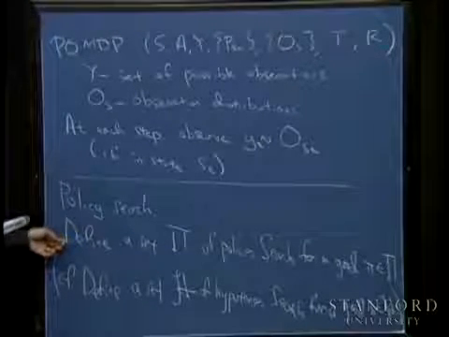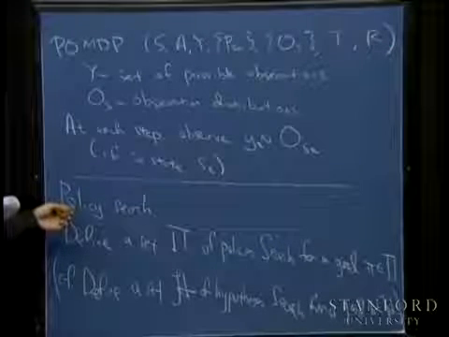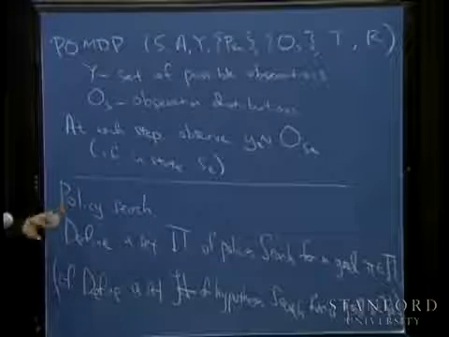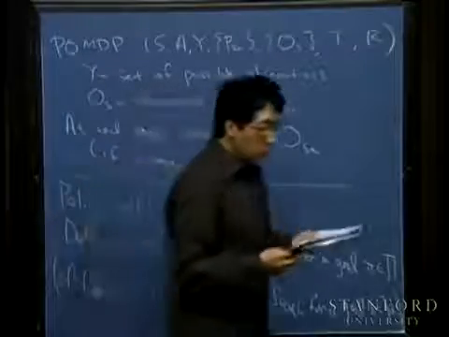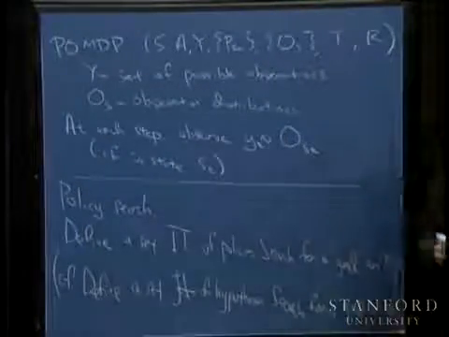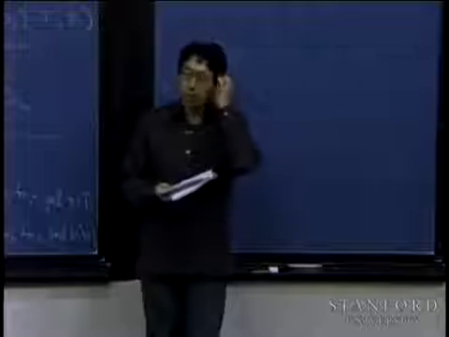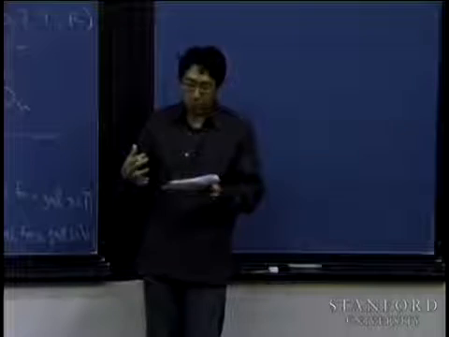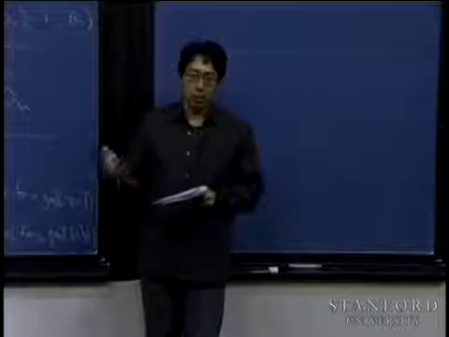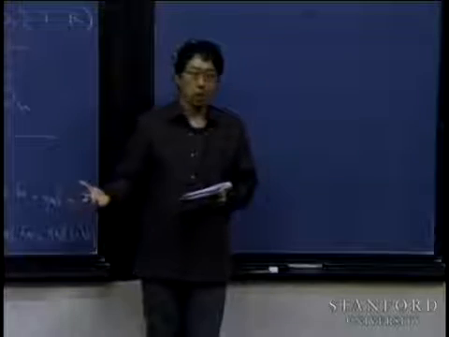So policy search is sometimes also called direct policy search. And to contrast this with the sorts of algorithms we've been talking about so far, in all of those algorithms we would try to find V star, the optimal value function, and then use V star to try to compute or approximate pi star. Right?